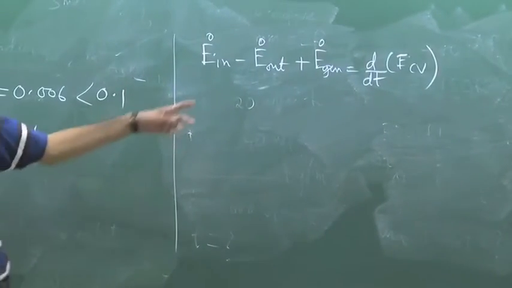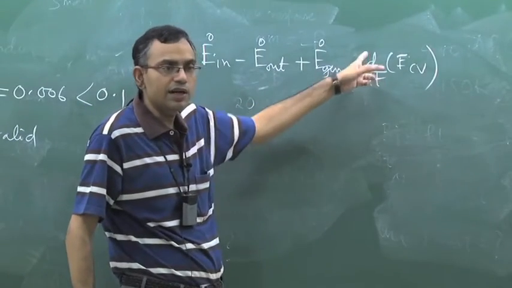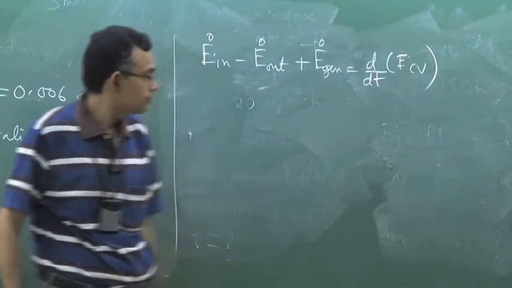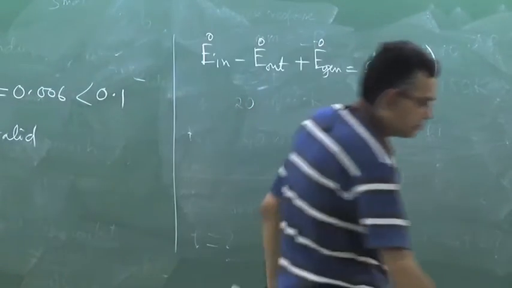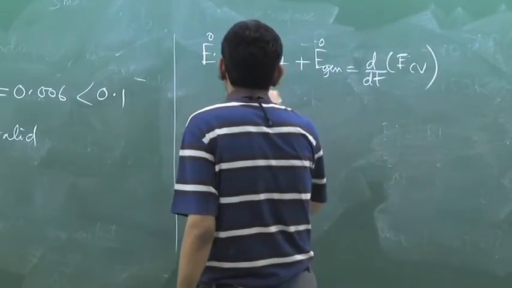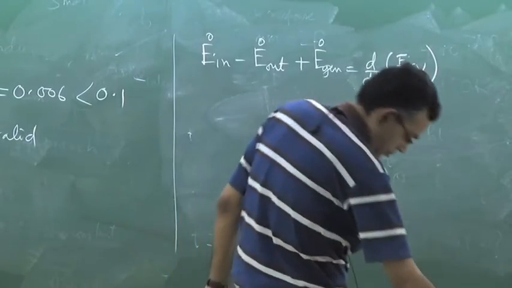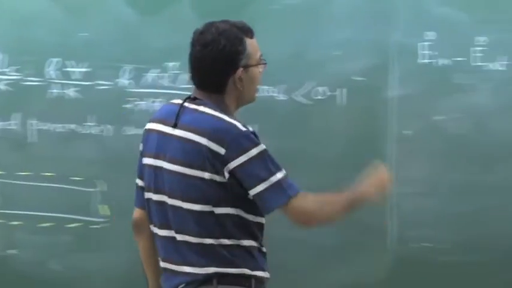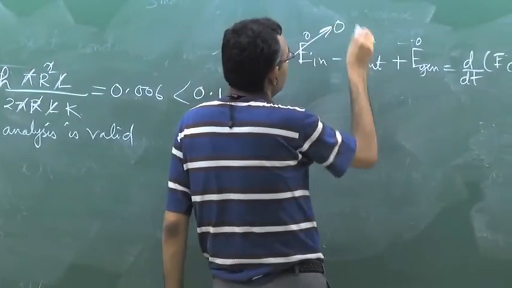Because it is a lumped body we can write d/dt instead of the partial derivative. So, what is the rate of energy in? There is no rate of energy in.